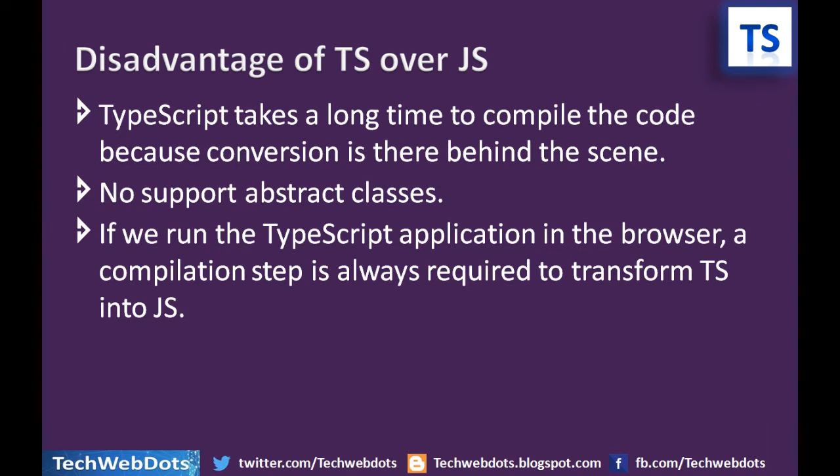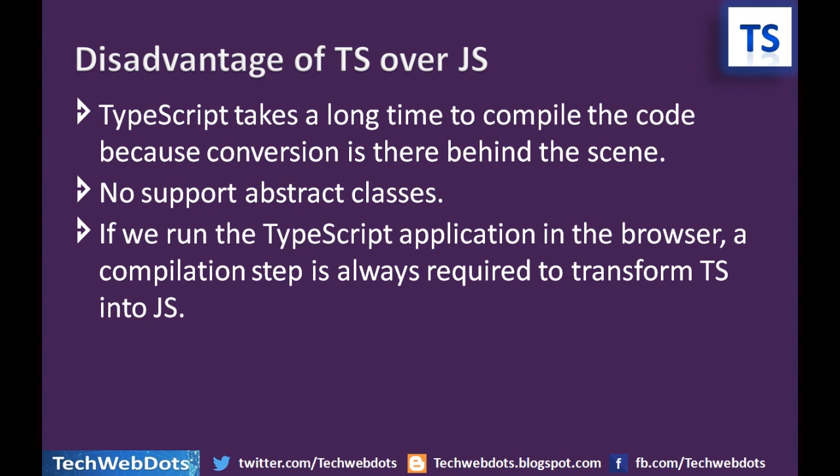At the end, there are some disadvantages of TypeScript as well when compared to JavaScript. TypeScript takes a long time to compile the code because of the conversion behind the scenes. Conversion means it will convert the TypeScript code into JavaScript and then run it, so that load is always there. There is also no support for abstract classes.